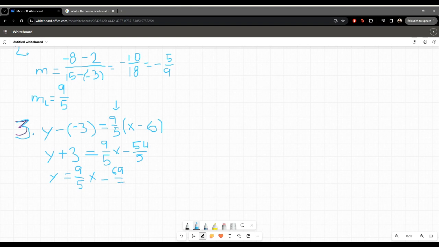Okay. And now, as you can see, we have our formula in the form of y equals 9 over 5x plus b, where b is negative 69 over 5.